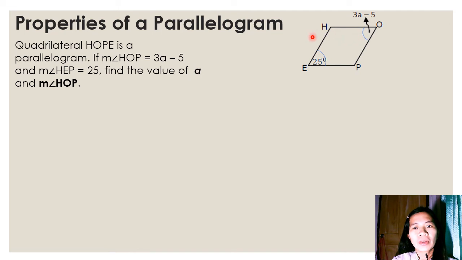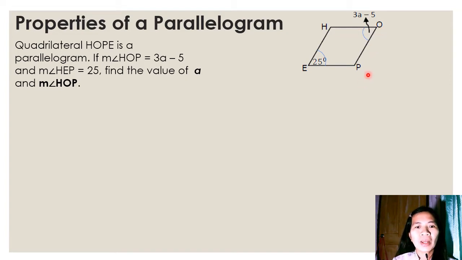Okay, so let's have here quadrilateral HOPE, which is a parallelogram. If measure of angle HOP is equal to 3A minus 5 and measure of angle HEP is 25 degrees, find the value of A and the measure of angle HOP.